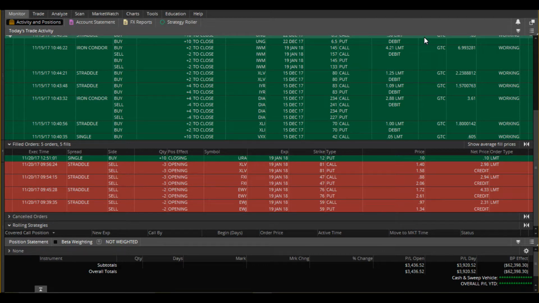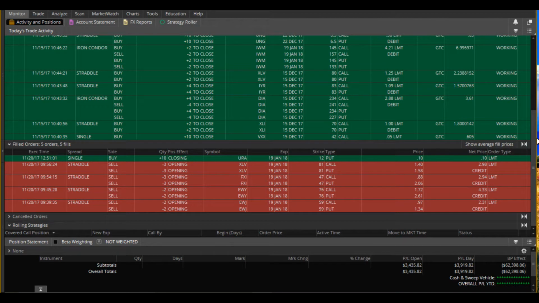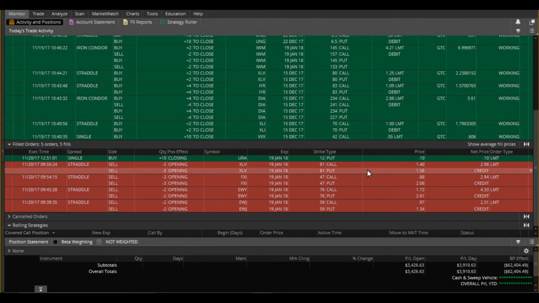IV is pretty elevated right now, as we're going to talk about here in a second, which is why we are opening some of these trades. Now, one of the things that I want you to notice is that we already have our closing trades in. I was actually out of the office when this URA trade closed.